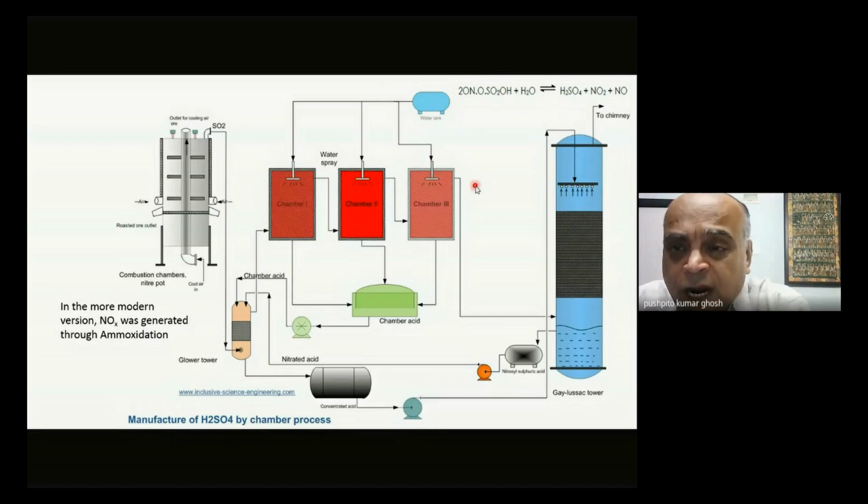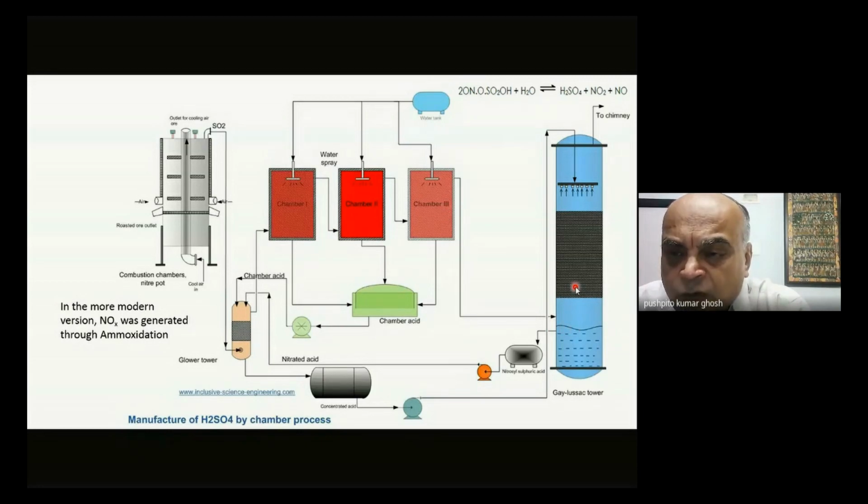Now, here what happened was that all my SO2 has effectively got converted into SO3 and become chamber acid, sulfuric acid. What will exit from here is really my NO2 and NO. It's done its job. Okay? So it's coming out from here.